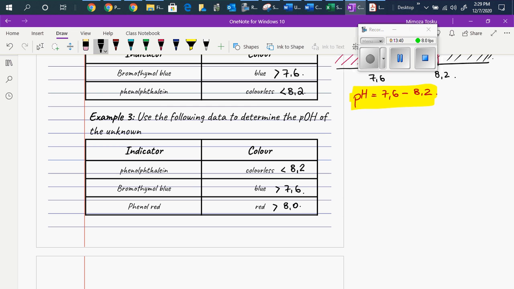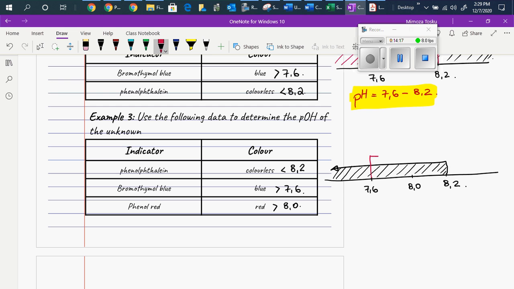8.0. So let's build the number lines here. So what we have as numbers are 7.6, 8.0, and 8.2. So one is less than 8.2 for phenolphthalein. Next one is greater than 7.6.